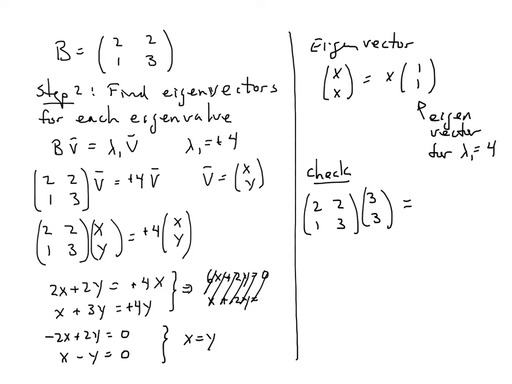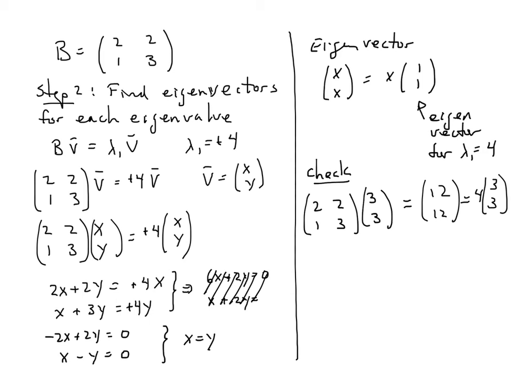That's a 12. And the 1 times 3 gives us a 3, and the 3 times 3 gives us a 9. Again, 12, 12. So sure enough, the result is just 4 times what we started with. And we can argue that this is our eigenvector for this eigenvalue.